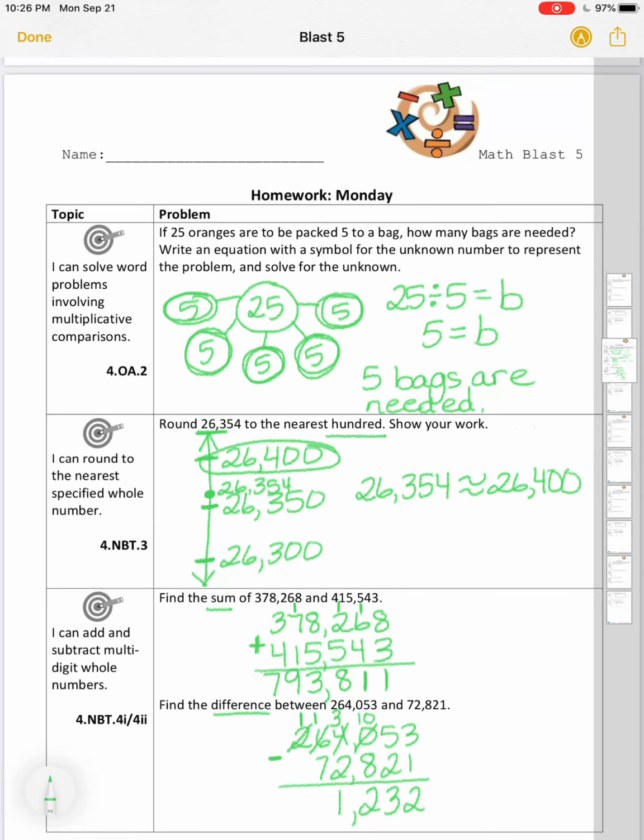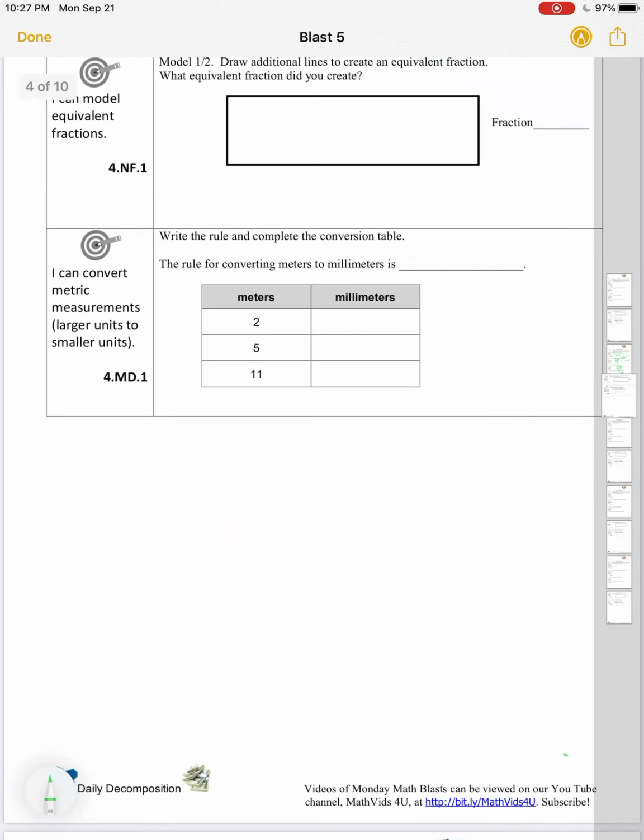But keep in mind, there were already 6 there, so that means there's 16 10,000s now that I'm starting with, and I want to take 7 of those 10,000s away. That leaves me with 9 10,000s. And 100,000 minus nothing is 1 left in the 100,000s. So the difference, the answer to my subtraction problem, is 191,232.